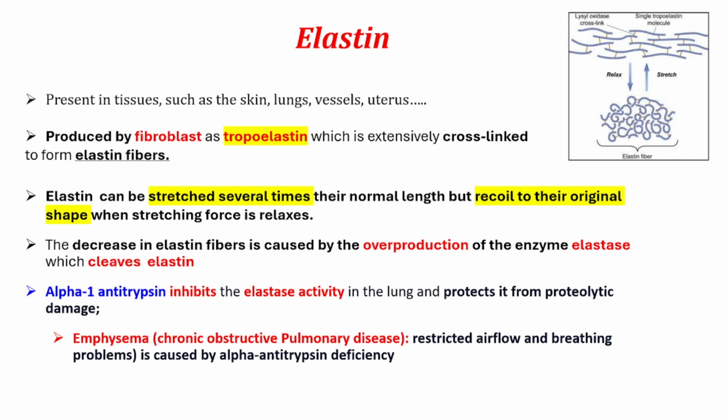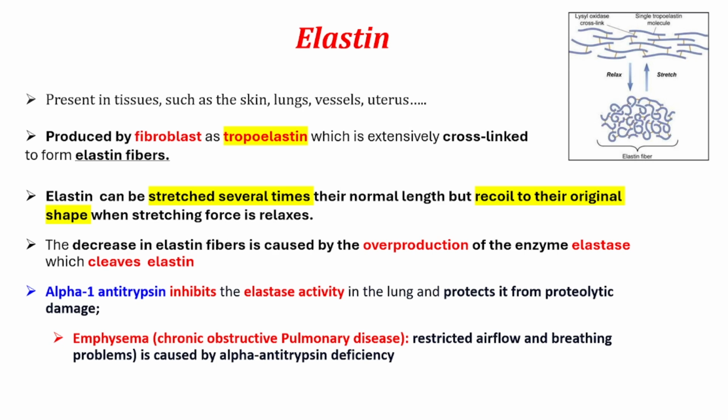The uterus for pregnancy is very rich in elastin, so it can stretch and hold the fetus. The vessels can have vasodilation, vasoconstriction, so this kind of change in elasticity. The lungs, inspiration, expiration. So these kinds of tissue which require elasticity are very rich in elastin.